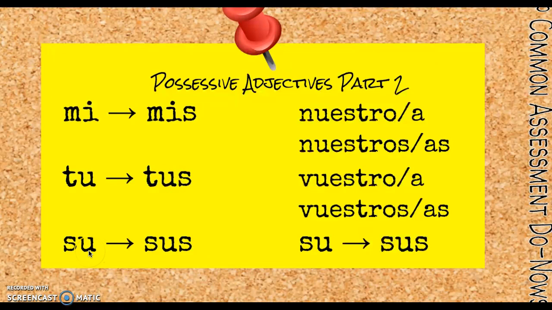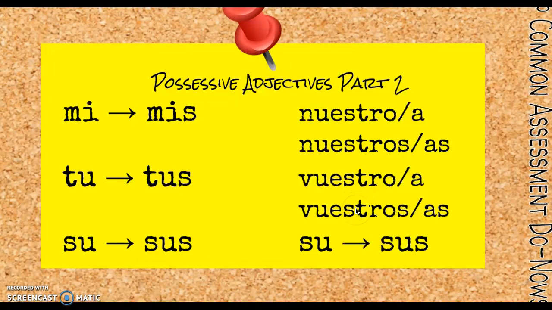Over here, we're still in the he, she, you formal area. So if we want to say his pencil, su lápiz, his pencils, sus lápices. Over here, we have the singular nuestro or nuestra for our, and we have the plural nuestros or nuestras for our. So if we want to say our pencil, nuestro lápiz, our pencils, nuestros lápices.